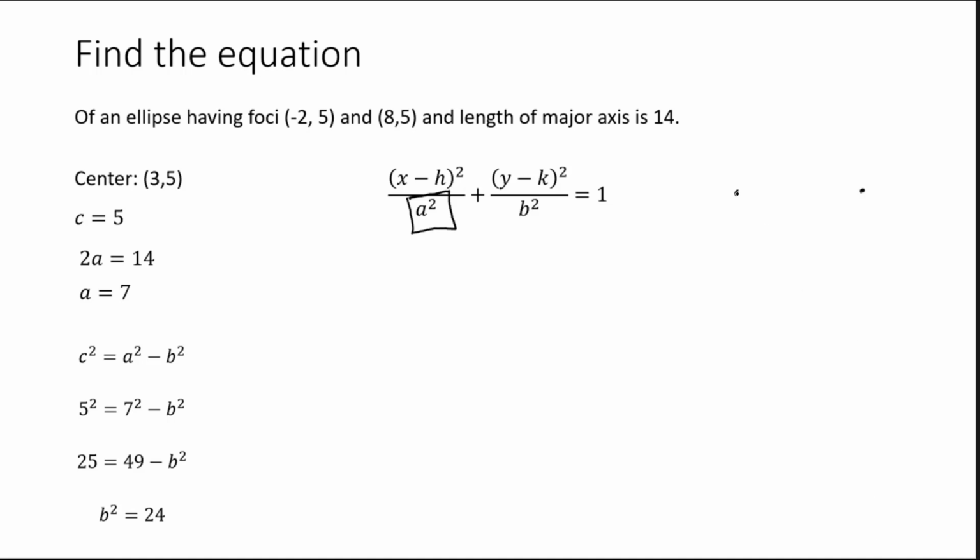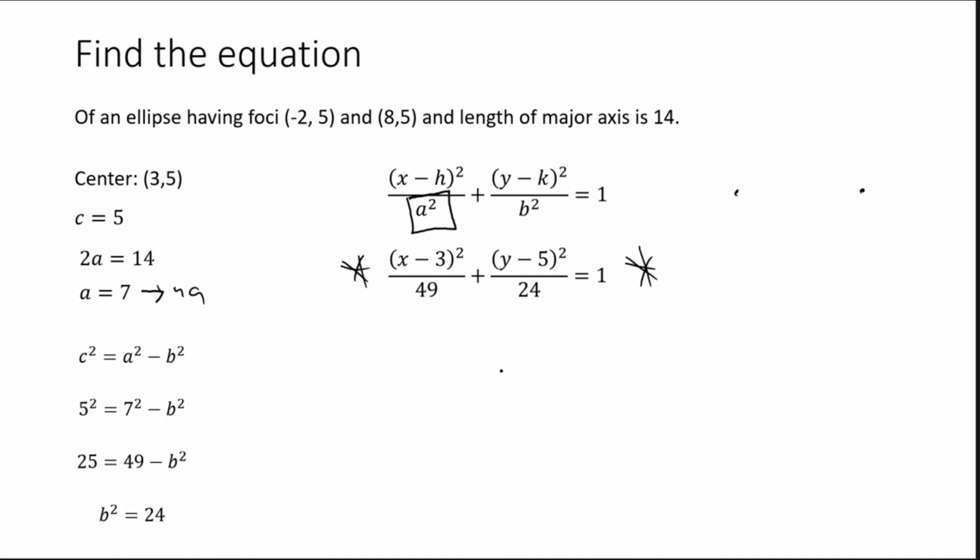So it's going to be horizontal, and so the larger number goes under the x term. So a squared, if you square a, that gives you 49, and then if you square b, we have 24. So we have 49 there, 24 underneath this term. In the center, we use that to find these numbers by taking the opposite of 3 and 5 to get -3 and -5 for x and y here in parentheses. So this would be our equation of an ellipse.